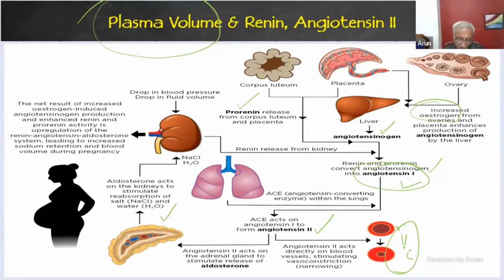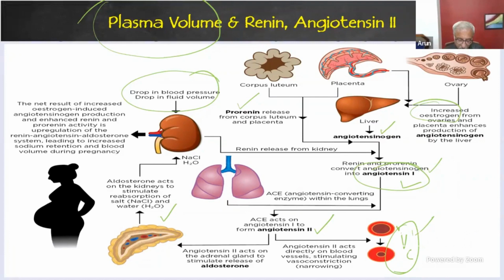Basically, this all started when there was a drop in blood pressure and a drop in fluid volume. So there was renin produced from here and prorenin from here, all these things. So at the end, angiotensin 2 causes vasoconstriction and causes the release of aldosterone. Now, what does aldosterone do?